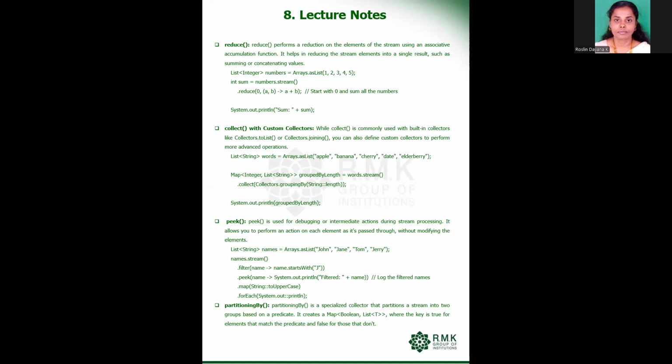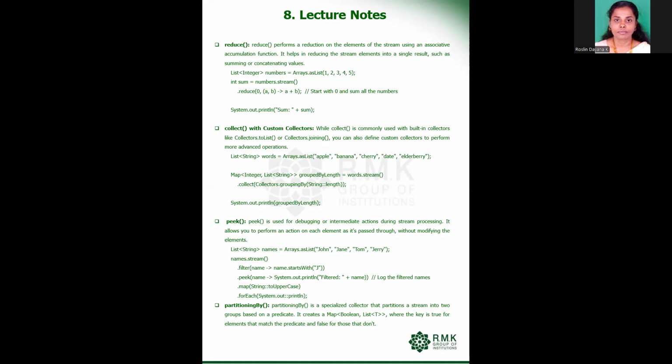So banana and cherry will be grouped together. Apple will be separate, date will be separate, and elderberry will be separate. So the map will have a key and a value. The key will be apple and its size will be 5. So we are collecting each value according to their length. So Collectors.groupingBy of String::length. And we are printing the result. Its name is groupedByLength.